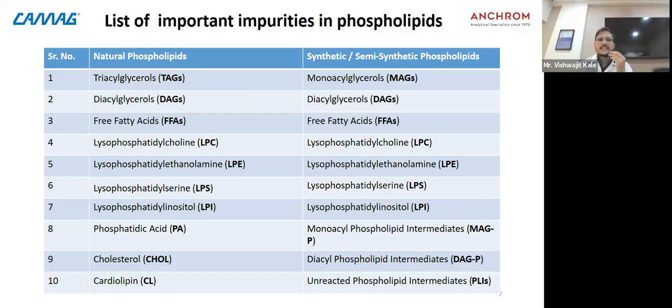Synthetic and semi-synthetic phospholipids are very accurately made and synthesized in industries, so again the possibility is very low. But if any small fraction of any impurity enters the final product, definitely it will decrease the quality of the phospholipid. So these are 10 major impurities detected in natural phospholipids and synthetic phospholipids.